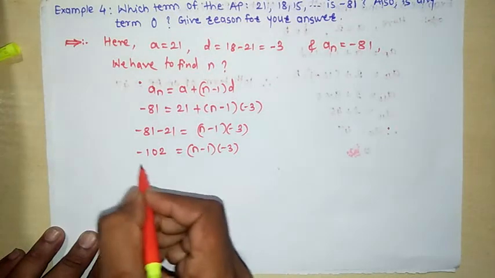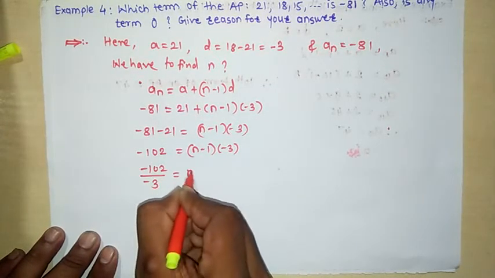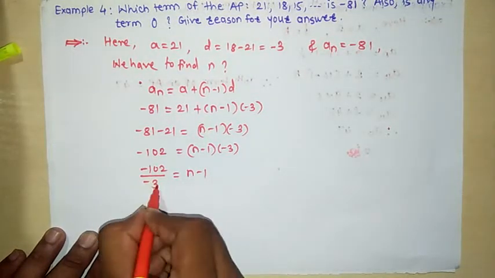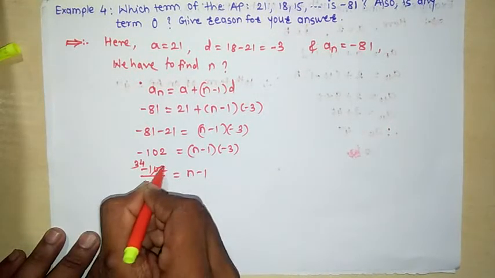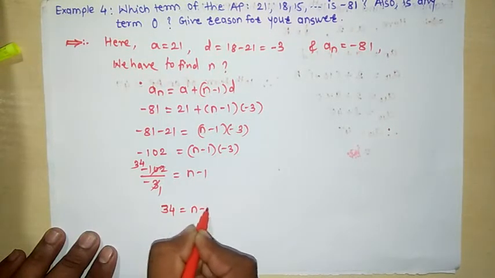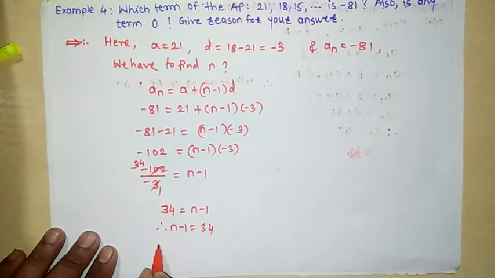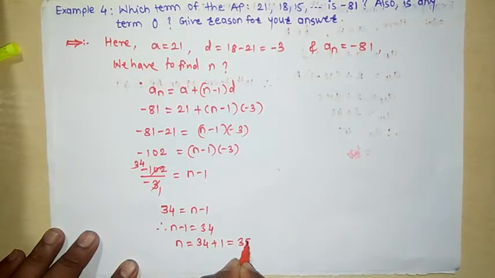Now send this minus 3 towards the left hand side: minus 102 divided by minus 3 is equal to n minus 1. Now 3 1s are 3, 3 3s are 9, and 3 4s are 12, which gives 34. Therefore n minus 1 is equal to 34, and n is equal to how much? Send this minus 1 to the other side: 34 plus 1, which is equal to 35.